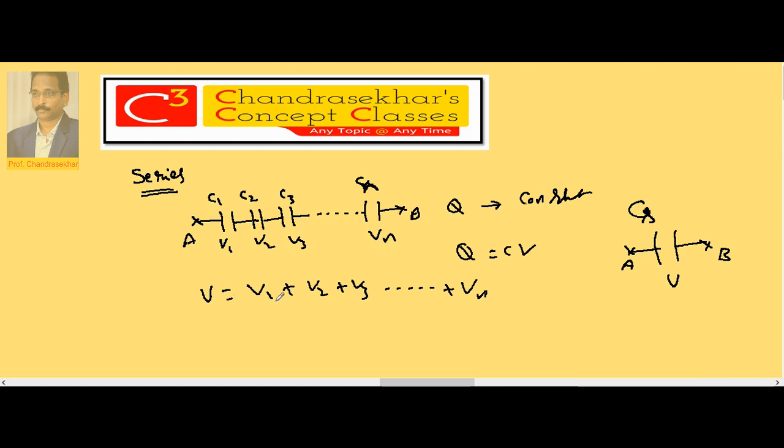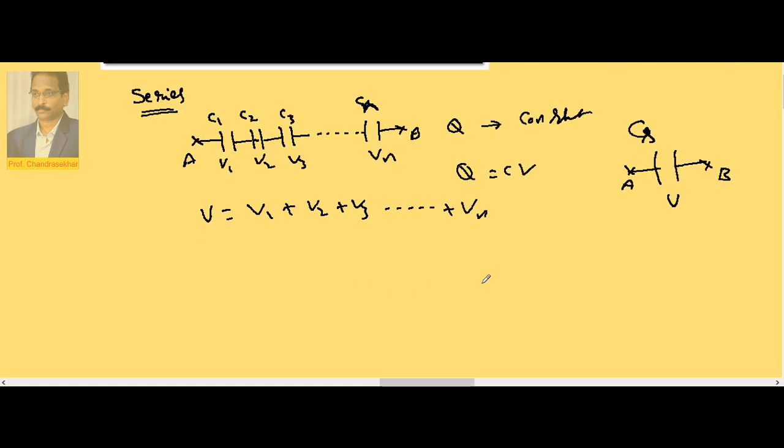We know that V is equal to V1 plus V2 plus V3 plus so on Vn, because potential is a scalar. Now V, what is the V value? It is Q divided by CS. Here the charge is Q. V1 is Q by C1, V2 is Q by C2, and so on Q by Cn.